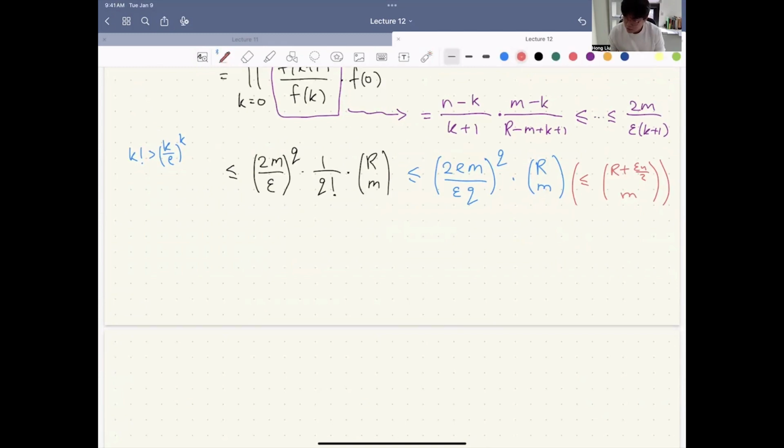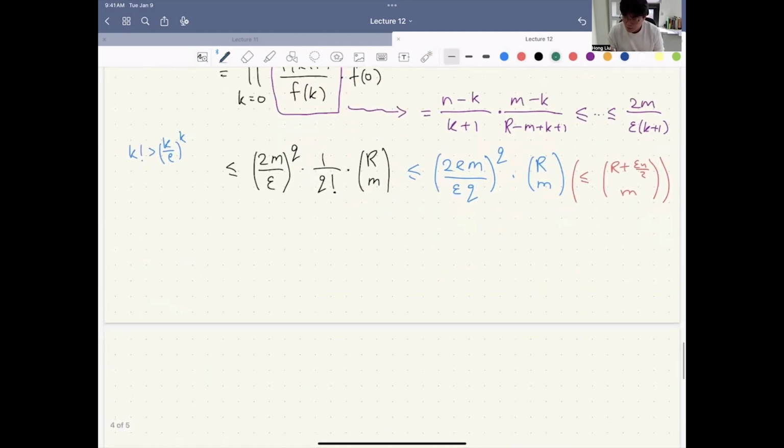Let's use another inequality. When we compare these two, they look the same, and this one is slightly smaller than that. There's an inequality that says for any a bigger than b bigger than c at least 0, a to the c times (b over a) to the c is at least b to the c.